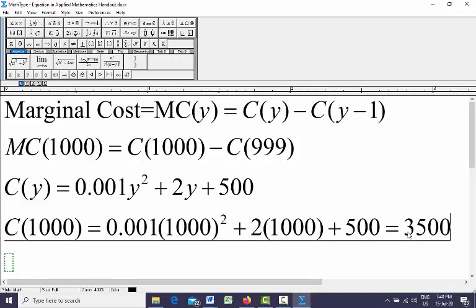So that's the total cost of producing 1000 units.